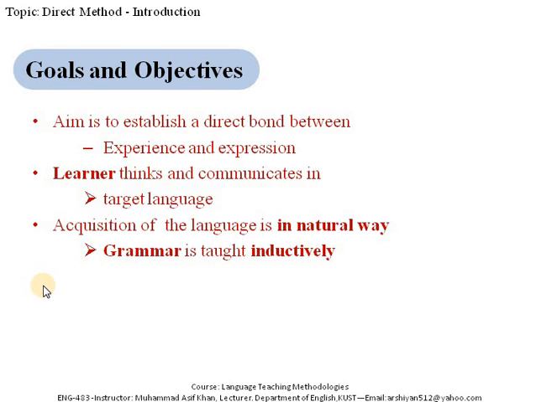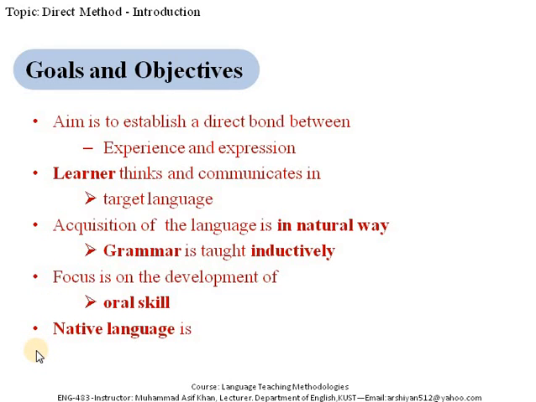The basic focus of the direct method is on the development of oral skills, and for that reason native language is avoided. So these are the goals that are set by the teacher who is following the direct method.